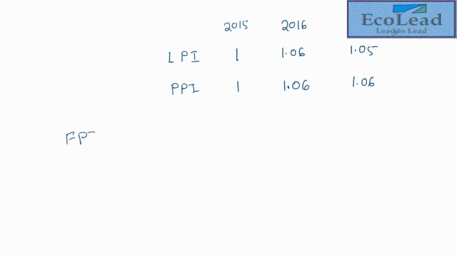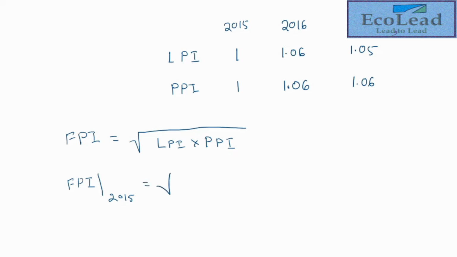Now how can we calculate the Fisher's price index? The Fisher's price index formula is nothing but the square root of the multiplied value of the last year's price index and the purchase price index. If we calculate the Fisher's price index for the year 2015, it will be root of 1 into 1, which is nothing but 1.